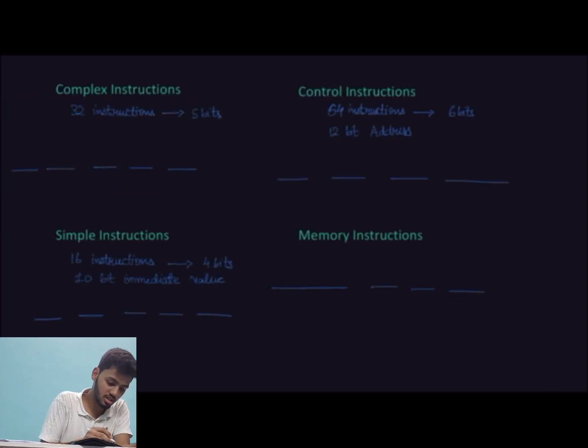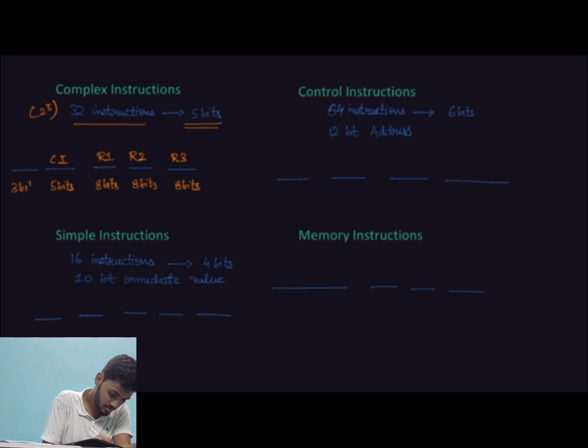For complex instructions, we have 32 instructions, so they will require 5 bits, as 32 is 2 power 5. And there are 3 register operands. Let's call them R1, R2, R3, and each one will be of 8 bits. Now these 5 bits here will represent which complex instruction it is, and so we are left with 3 bits.